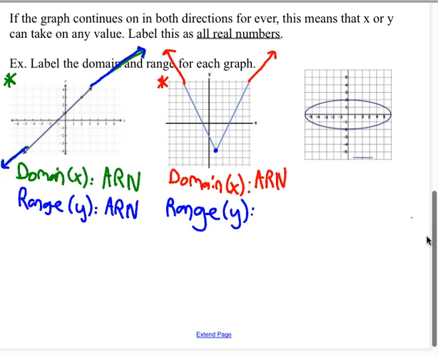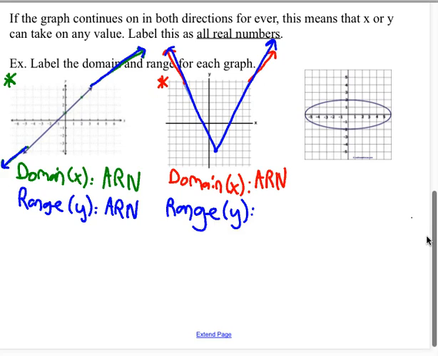That point right there, notice you never go beneath it. So you never go below that value of -4. However, if you look at your graph, you're going to go up forever, up forever. You just never drop below that -4.